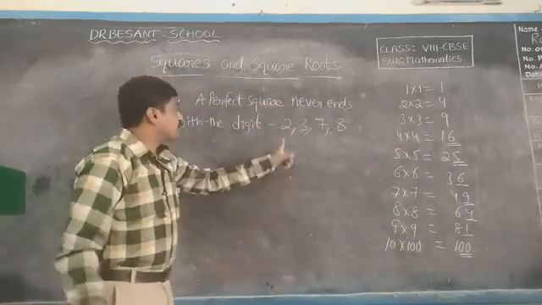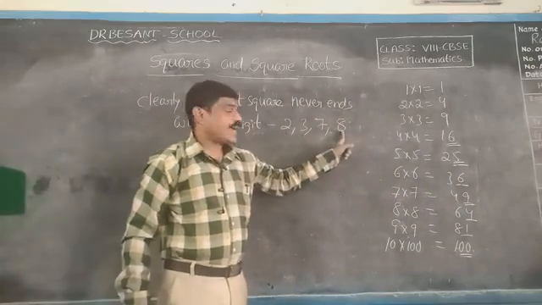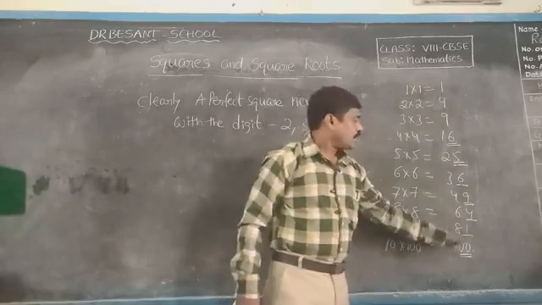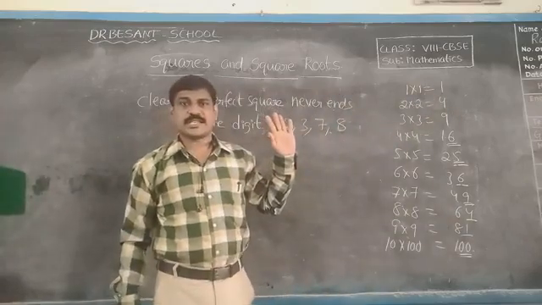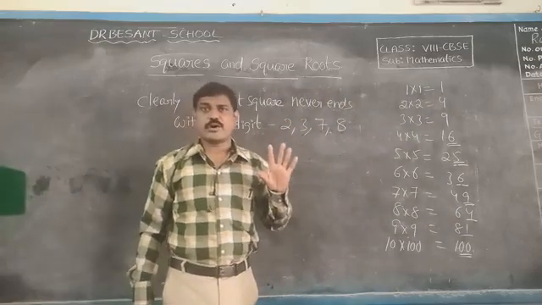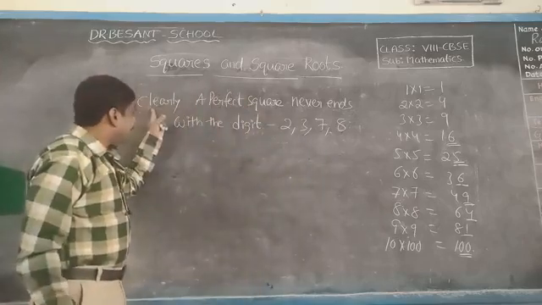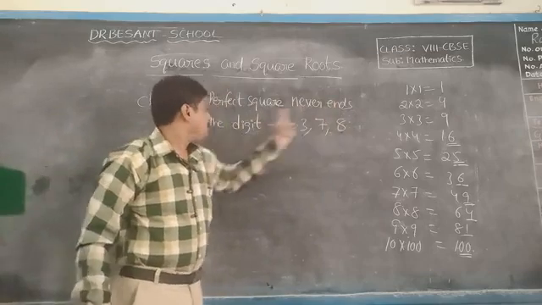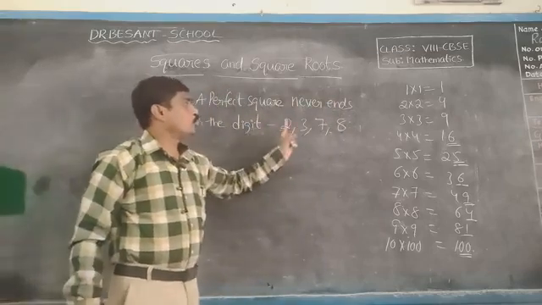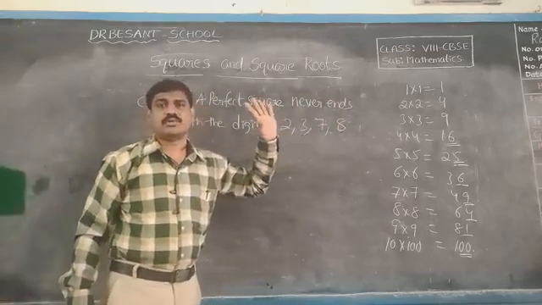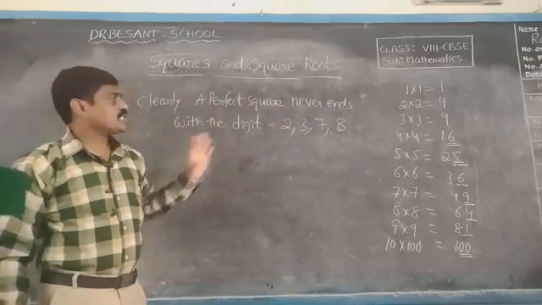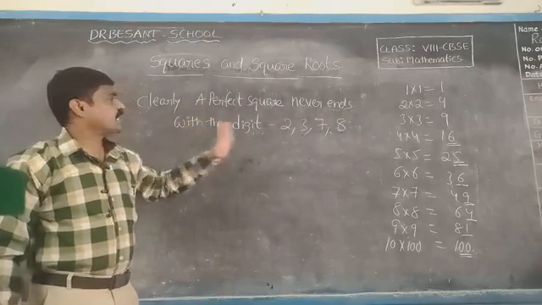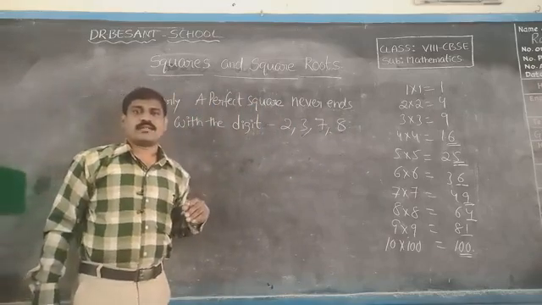So 2, 3, 7, 8 never appear as the units digit. So this thing you have to observe. That means clearly a perfect square never ends with the digit 2, 3, 7, 8. So this is the first thing.